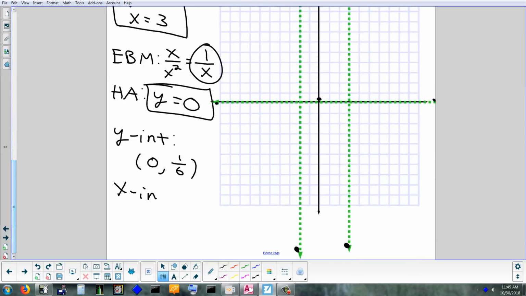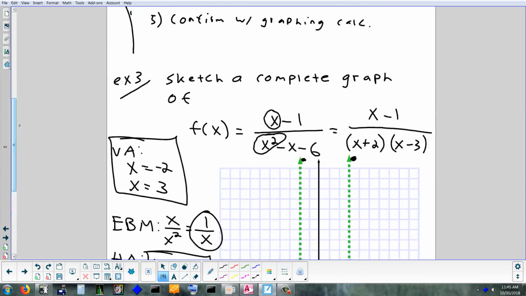X-intercept. You do exactly the opposite. Now you plug 0 in on the other side. Plug it in for y. So this is y, right here. So put 0 in right there. If you do that, you would have a fraction equal to 0.